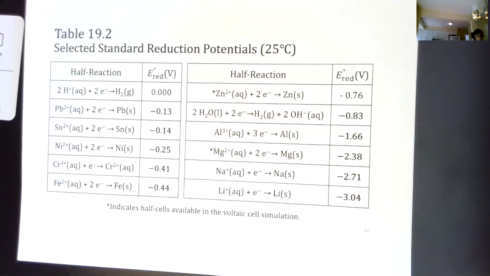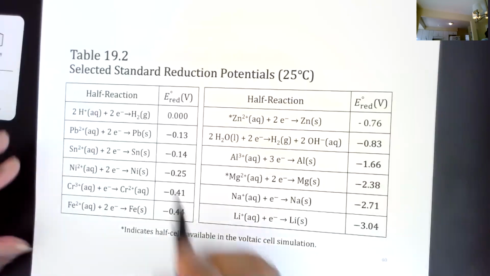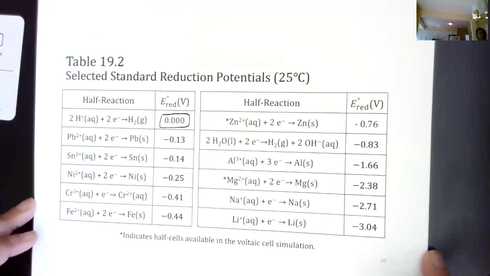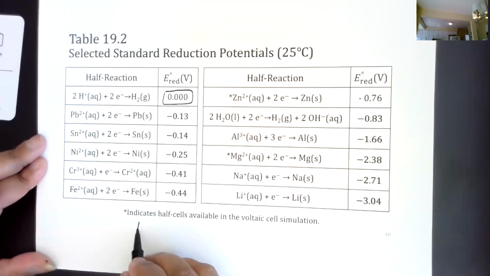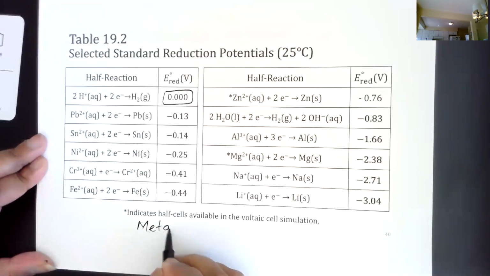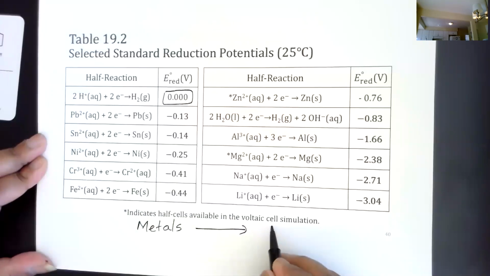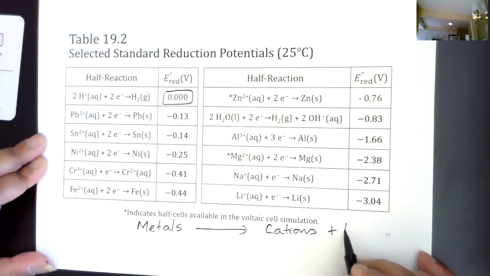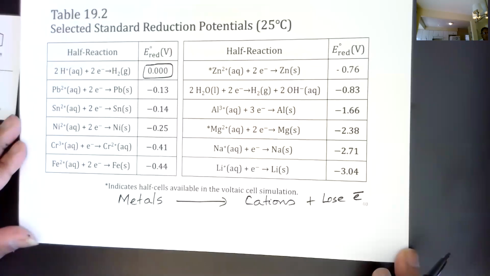Below that of hydrogen, you see that? This is 0. All the metals, though, what do metals generally like to do? Metals like to become cations and lose electrons. Okay?